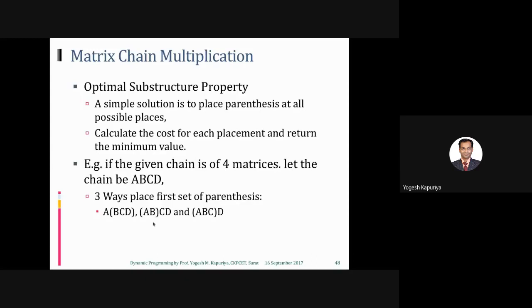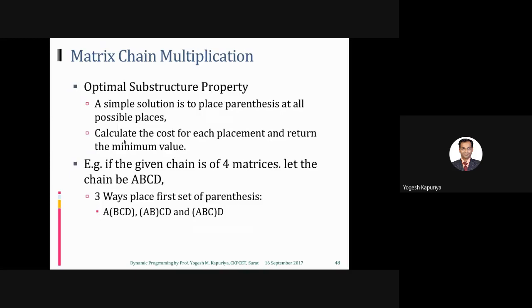So there will be 3 places for parentheses, or 3 possibilities. This is what it means, and this is how you can represent it. You put your first parenthesis over here, then here, and then last. So this is the way by which you can perform the multiplication in different orders.